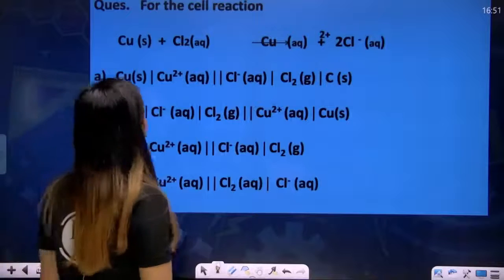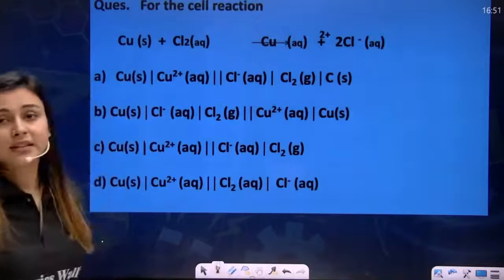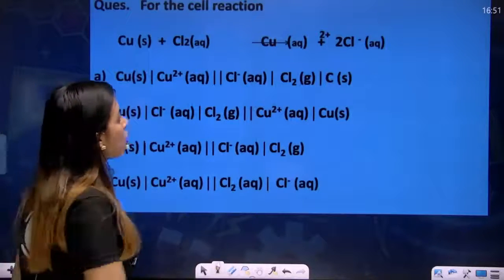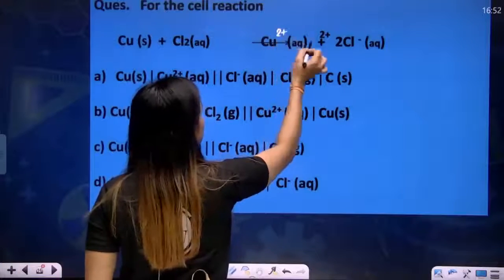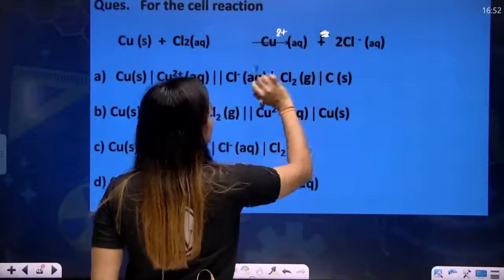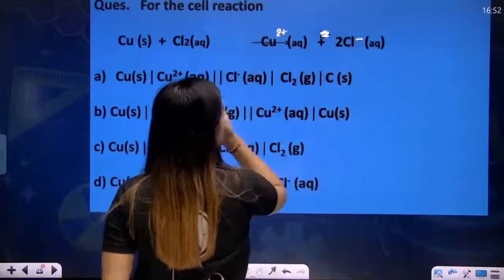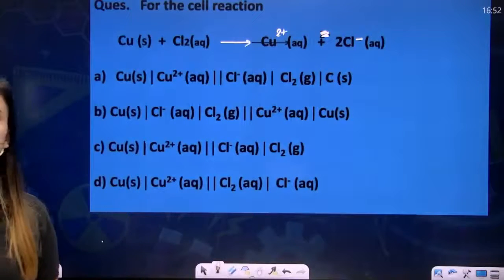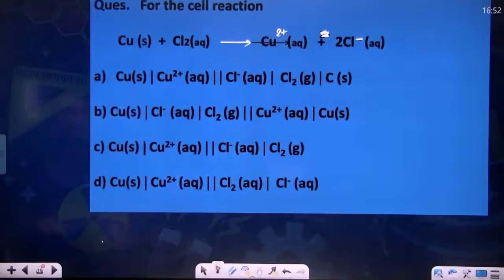It says that copper solid plus Cl2 gas goes to copper 2 plus aqueous plus 2Cl minus aqueous. Okay, you only have to represent the cell. So let's try this question.